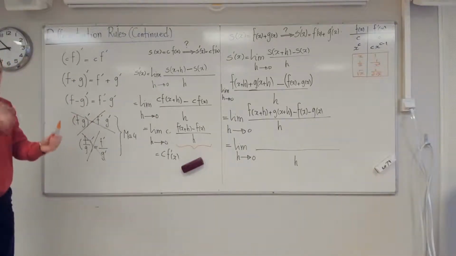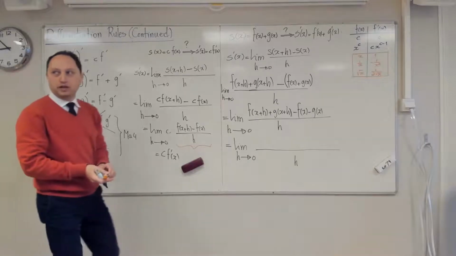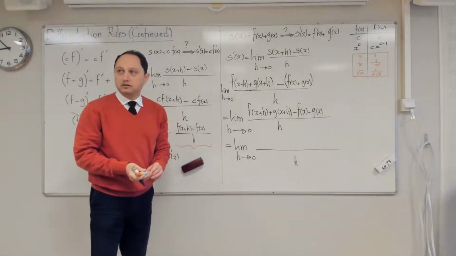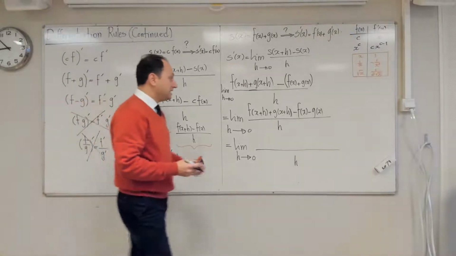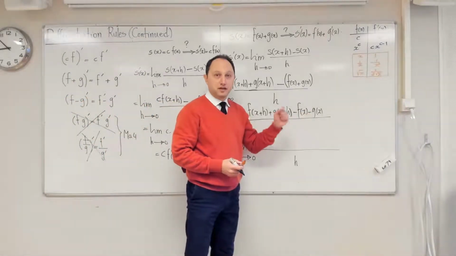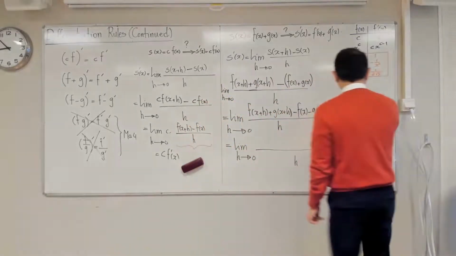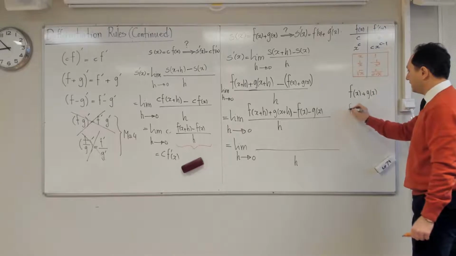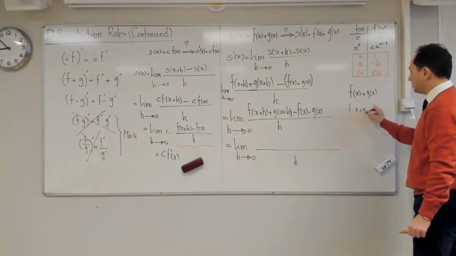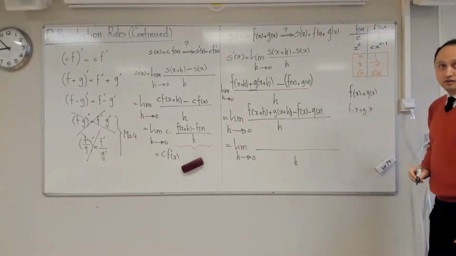The pattern of the derivative should be familiar to your brain. Yes? Pardon? Like factorize x. No, x is not something that you can factor out. Be careful, you see, f of x plus g of x is different from f multiplied by x plus g multiplied by x.